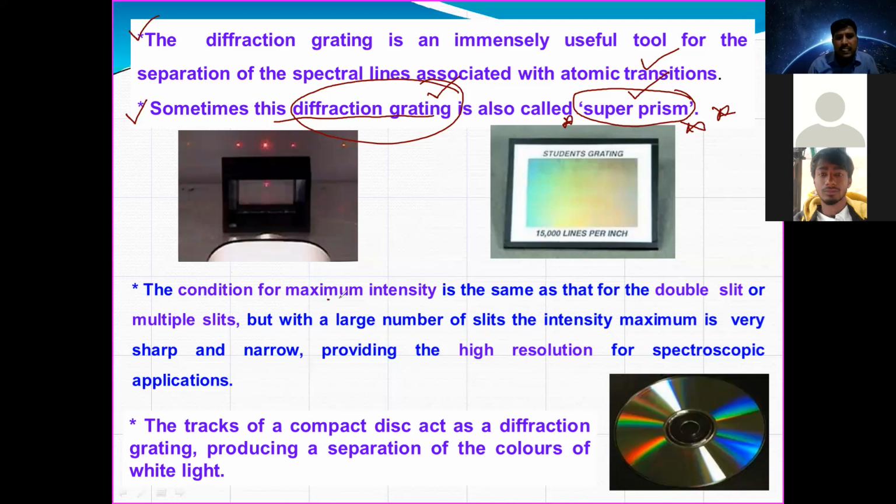The condition for maximum intensity is the same as that for the double slit. So the maximum and minimum conditions are the same.